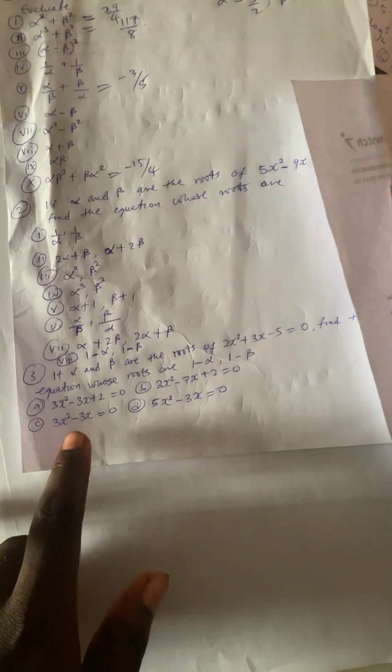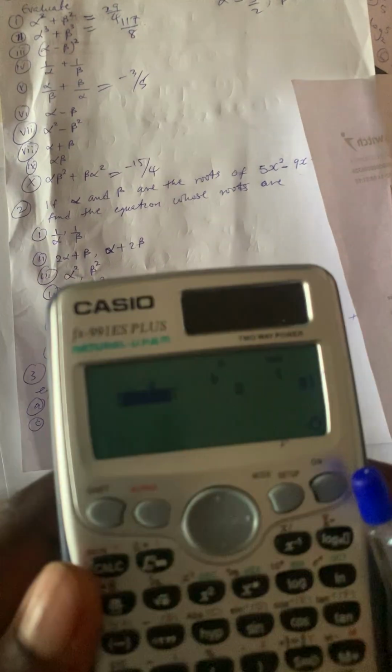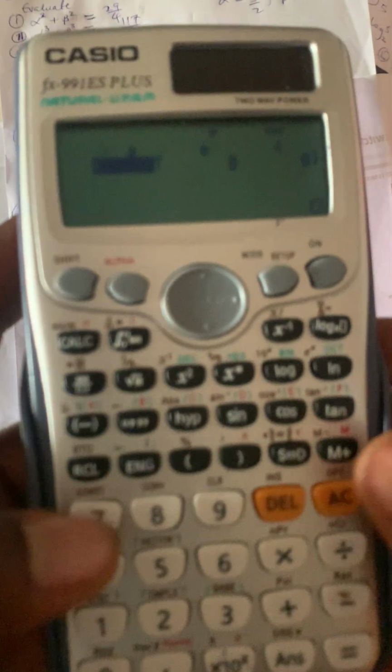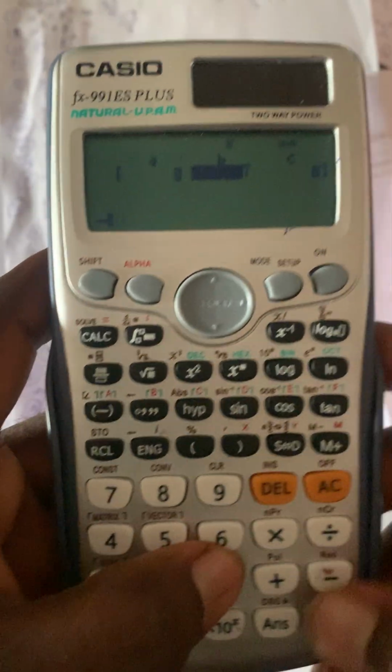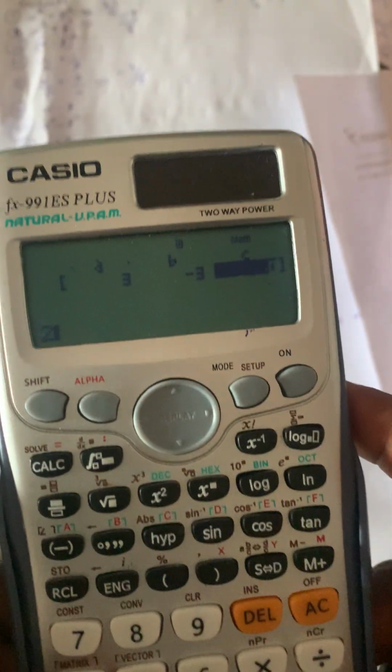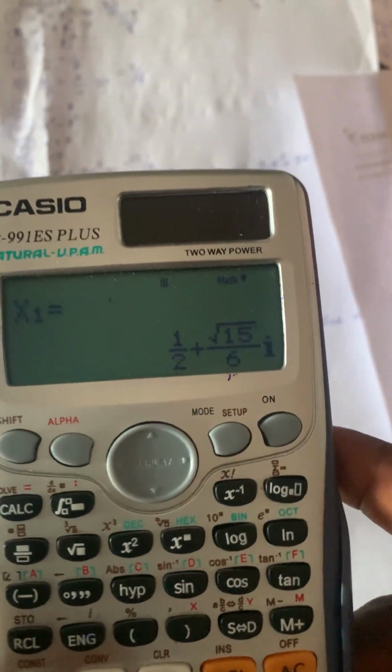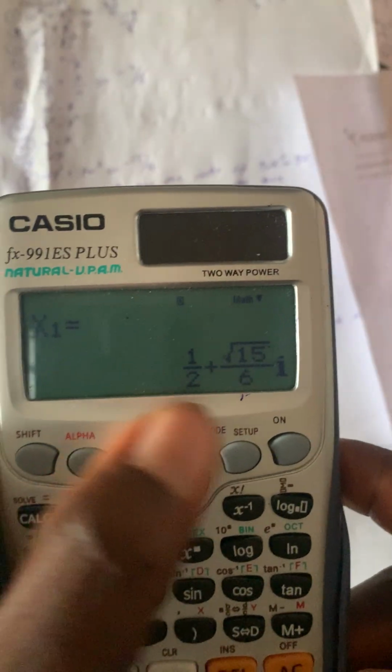Let me solve the first option, 3x squared minus 3x plus 2. In this case my a is 3, I press 3, press equal to. Then minus 3 is b, press equal to. And my c is 2, press equal. Then press equal to again. It gave me something in complex numbers, so this one is not even the answer.